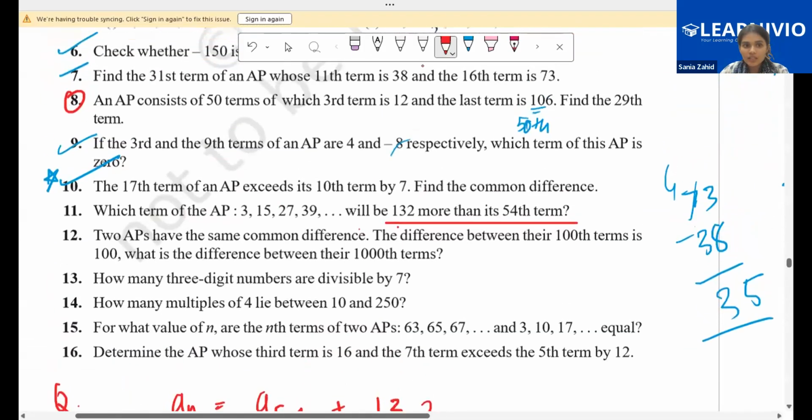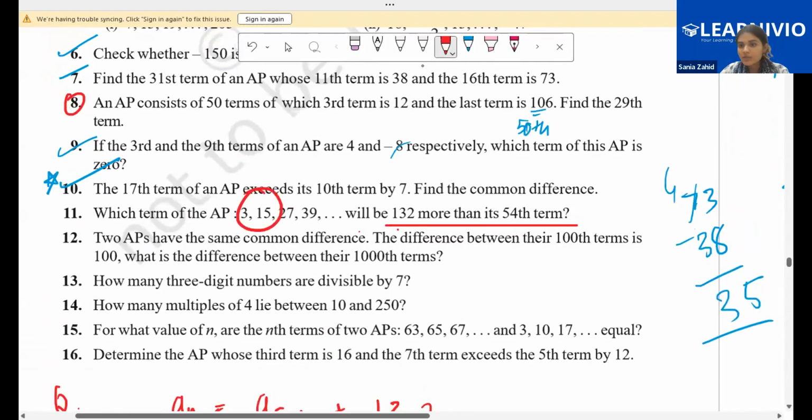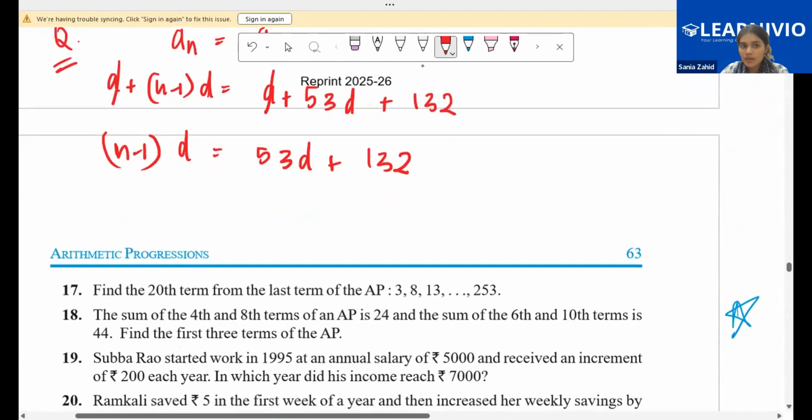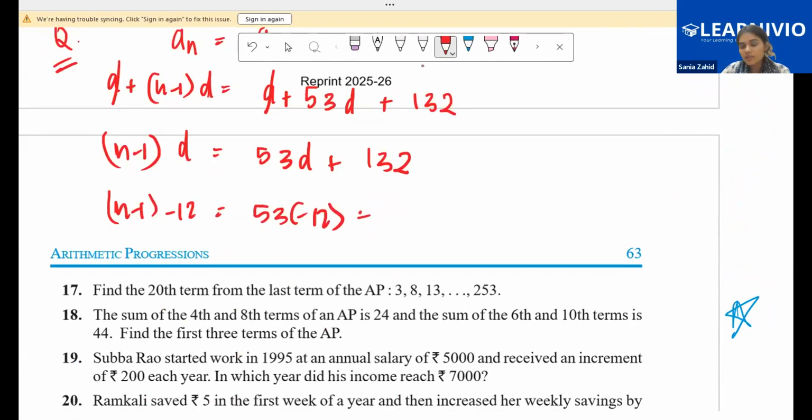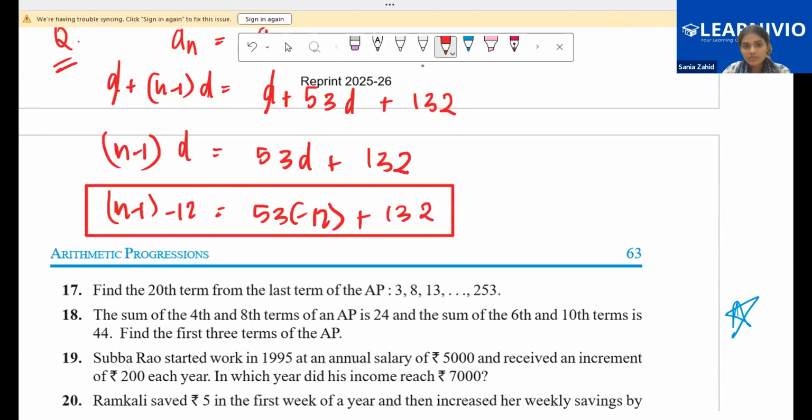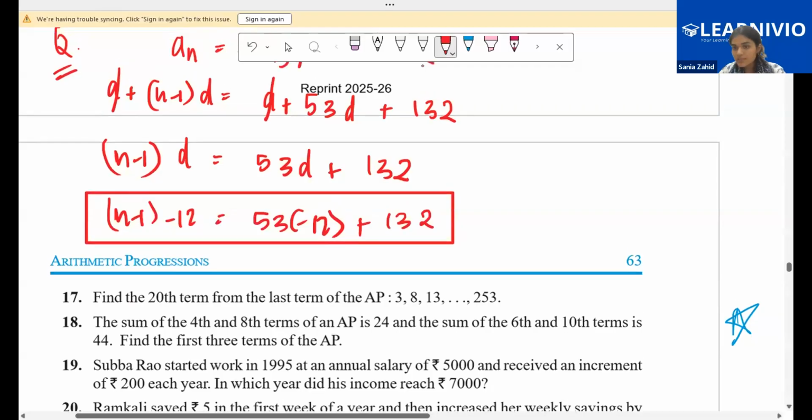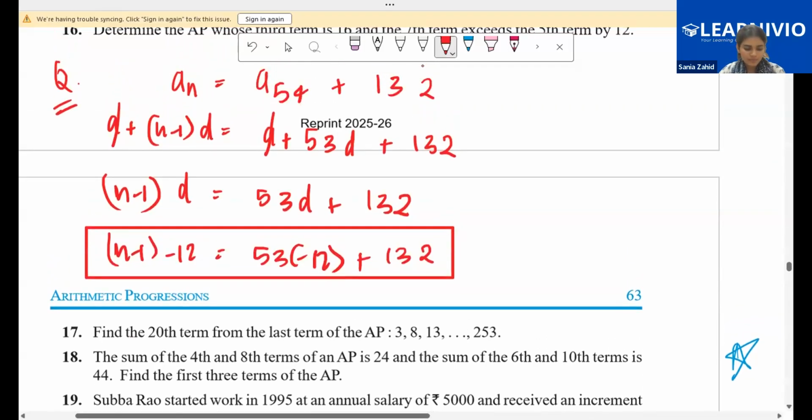And what's the value of D? D is 15 minus 3, that gives you minus 12. So N minus 1 into minus 12 equals 53 into minus 12 plus 132. You can solve this equation and you will get your answer. But were you doing the same way? I got 727 minus 3 plus 1 is equal.